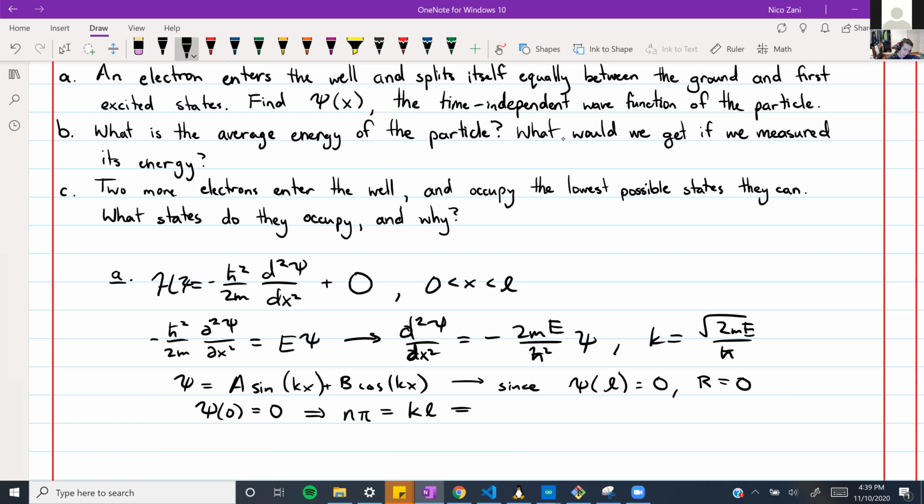So that just means that k equals n pi over L. Okay, and then the last step, someone want to give me what the last step is to finding what this is? There's one thing that we have left to find out. We know that psi is equal to A sine of n pi x over L.